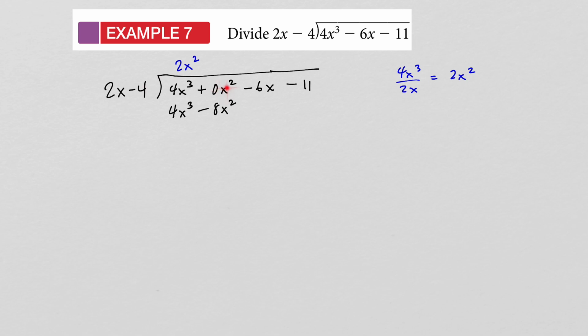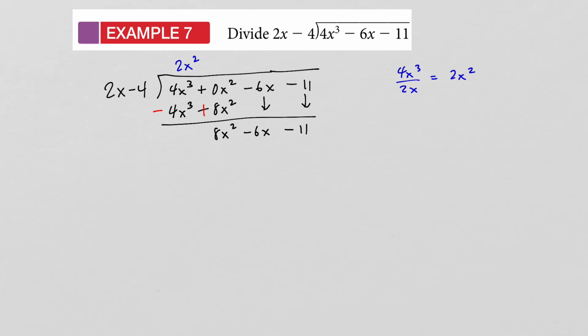And you can see that's why you want to have that placeholder there. So you have something to line it up with, because whatever you line it up with, they need to be like terms. Don't forget you have to subtract both of those. These cancel out. We're going to have positive 8x squared, and the next two terms we're just going to bring down. And now we repeat.